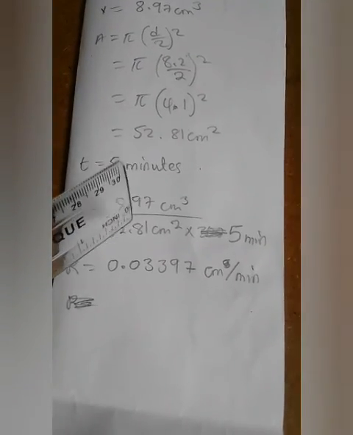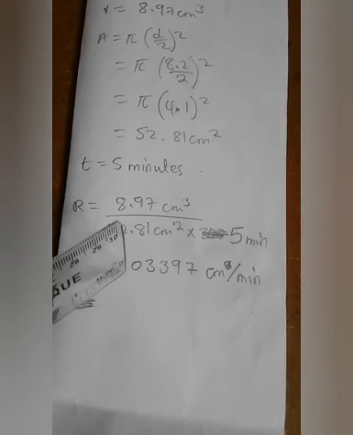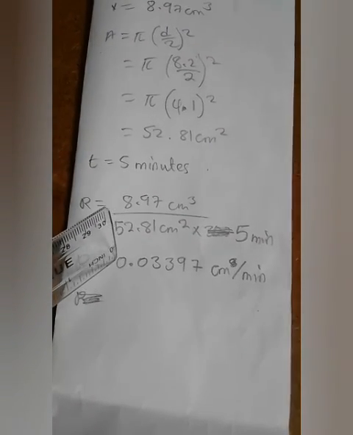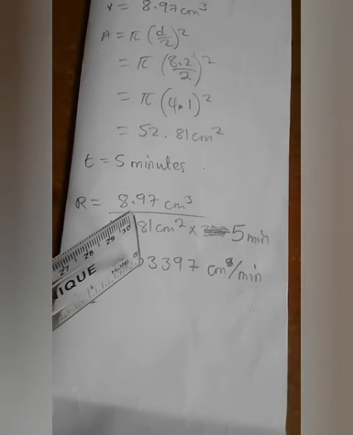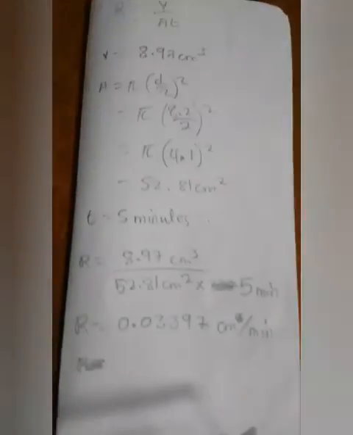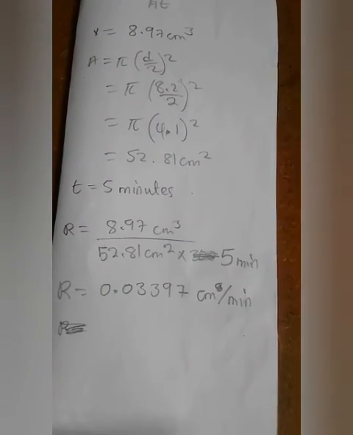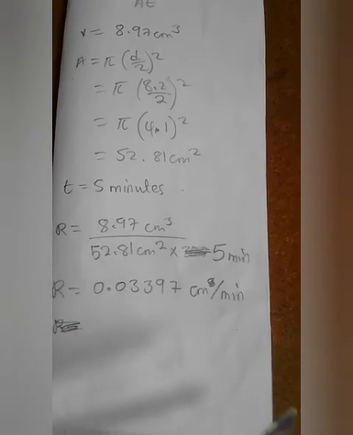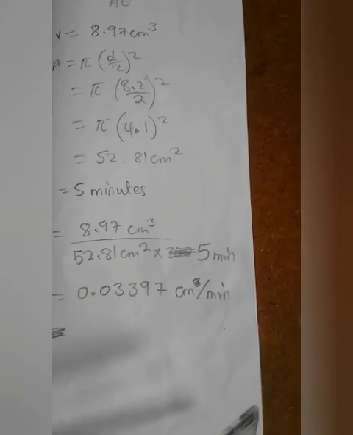Rain per unit area per unit time is about 0.03397, and it's centimeters per minute. Perhaps we could call it velocity, who knows.